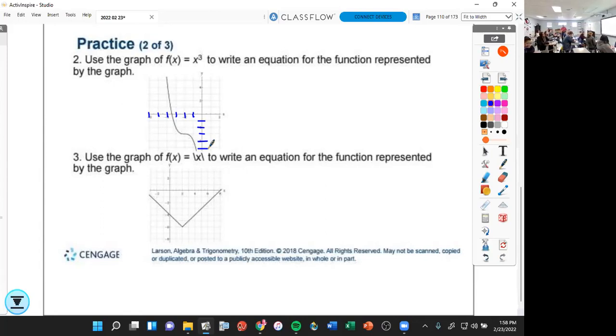The equation of number 2. You're looking at the graph. I want you to write down the equation. Type it in your calculator, it's fine.